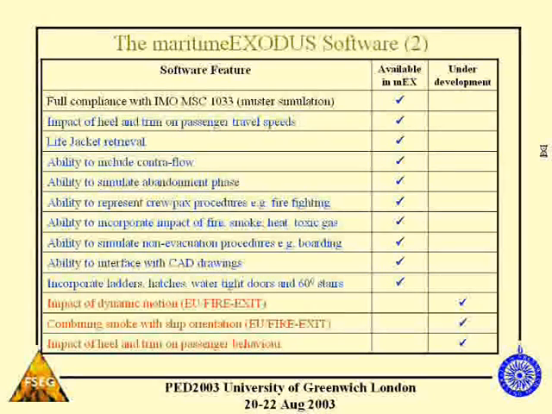It includes impact of heel and trim, life jacket collection, abandonment phase, and it also includes the more advanced stuff like the impact of fire, as well as non-evacuation procedures such as boarding. Also, we're still developing this package further and have plans to include the impact of motion, smoke, orientation, and heel and trim effects on passenger behaviour.